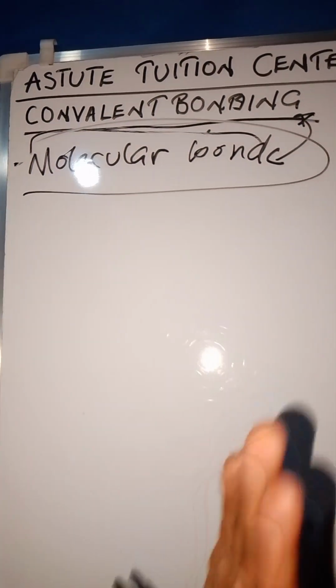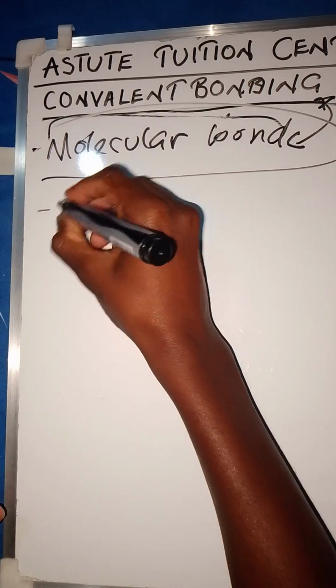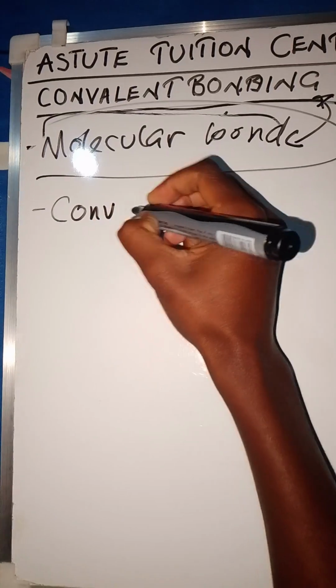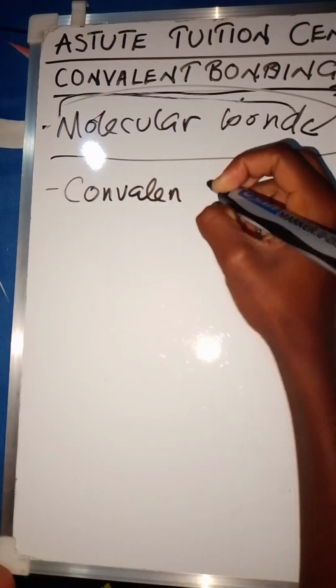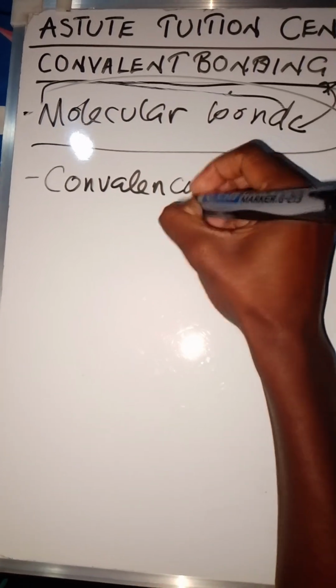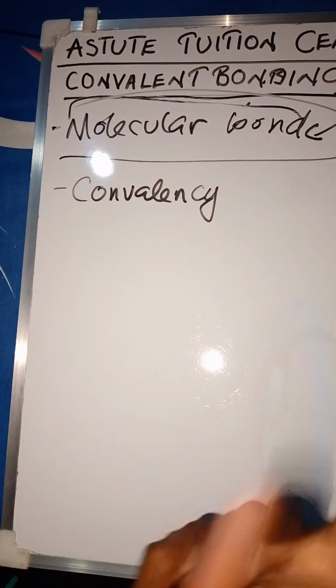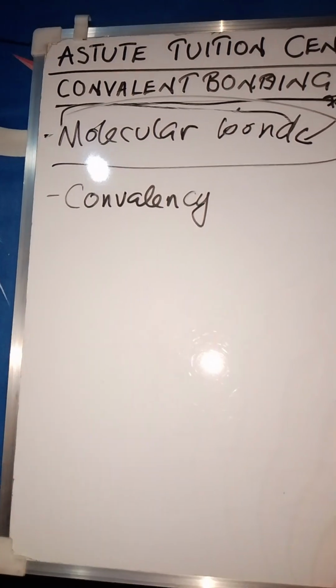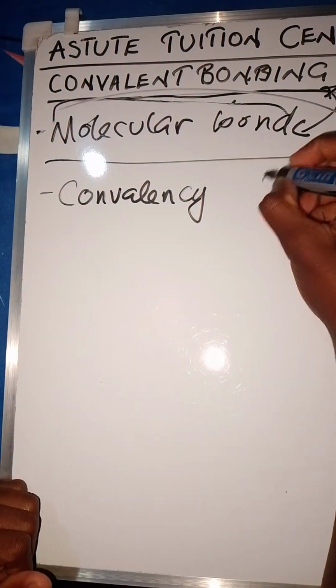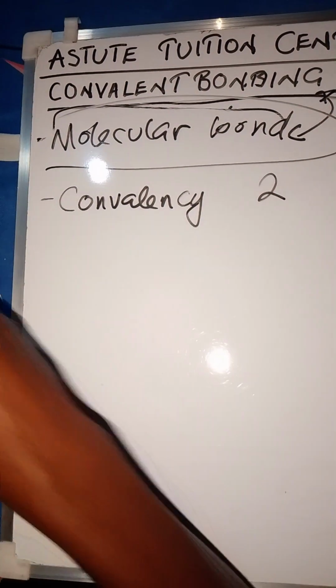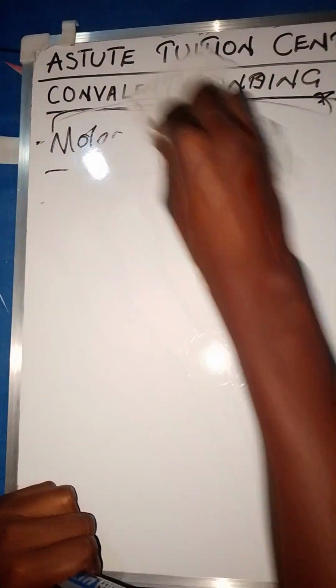The number of electrons that are being shared by the atoms is what is known as covalency. So this simply is the number of electrons that are shared between atoms. If two atoms are sharing 2 electrons each, the covalency of those 2 atoms is 2.